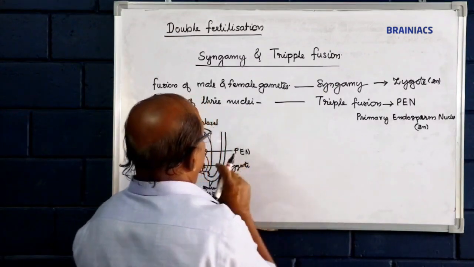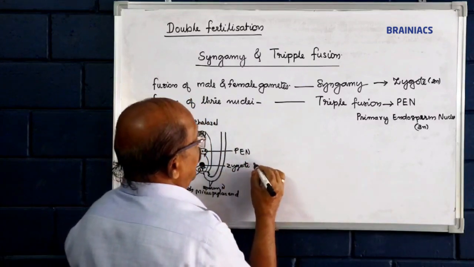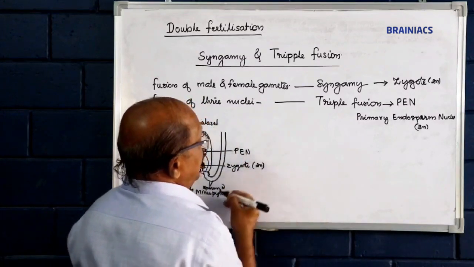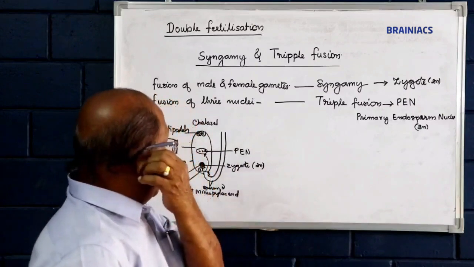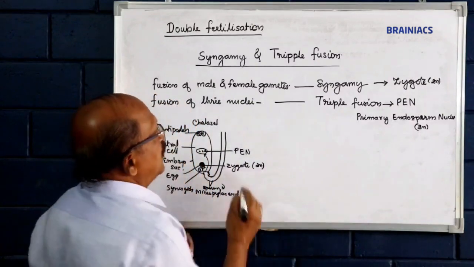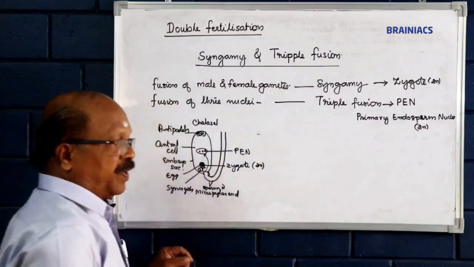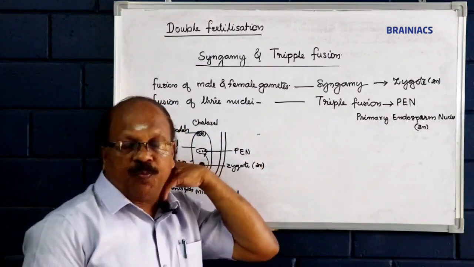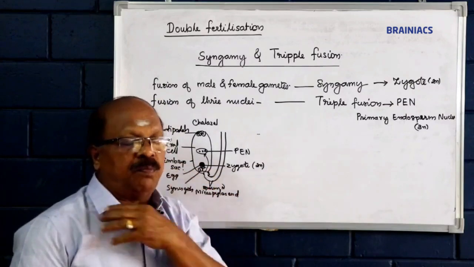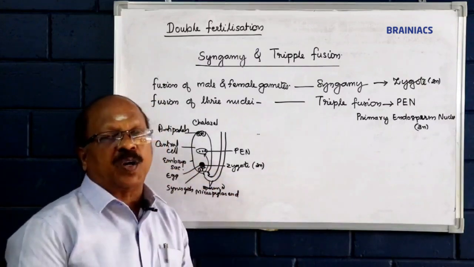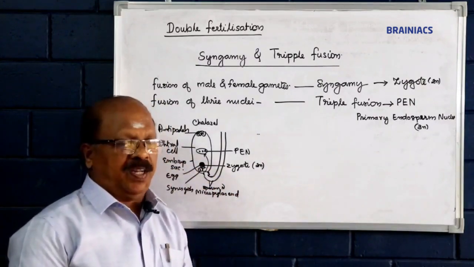So, fusion of male and female gametes results in the formation of zygote, which is diploid, and fusion of three nuclei, that means two polar nuclei and a sperm nucleus. First, the two polar nuclei fuse to form the secondary nucleus or definitive nucleus, which is diploid.